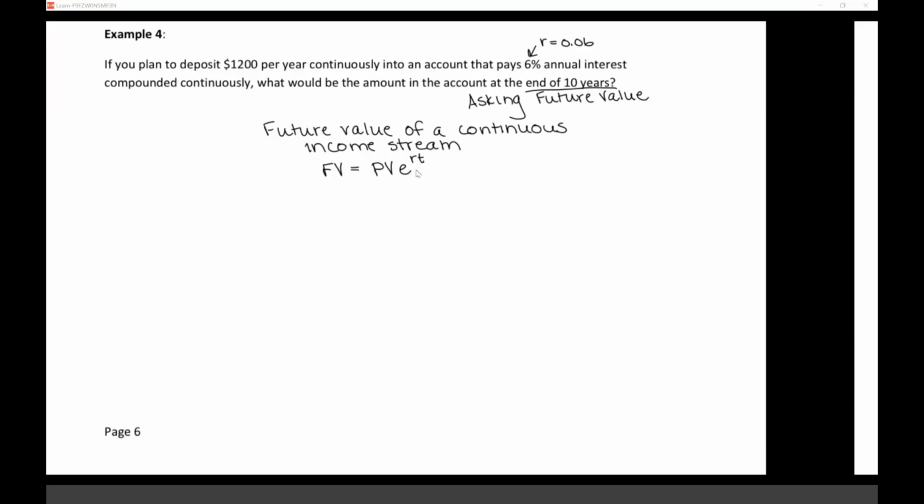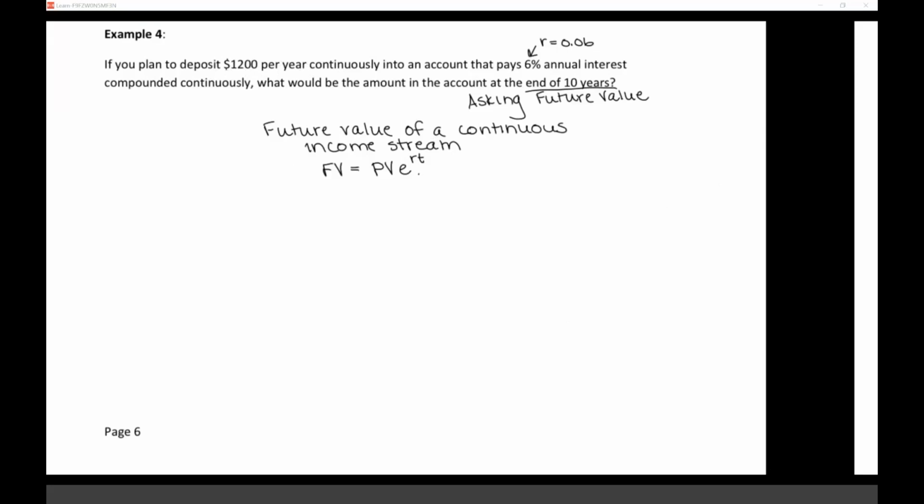Anybody see it? T is the variable of integration. R I have. What about PV? PV is the present value of this income stream. Do I have that? No, I don't have it. This is the flow.